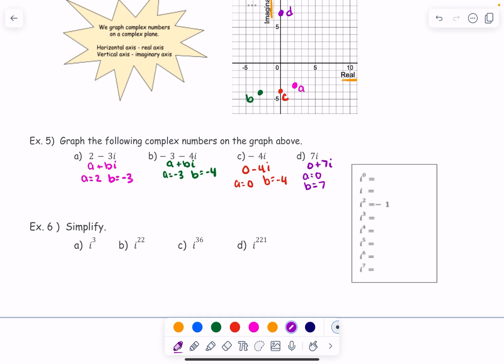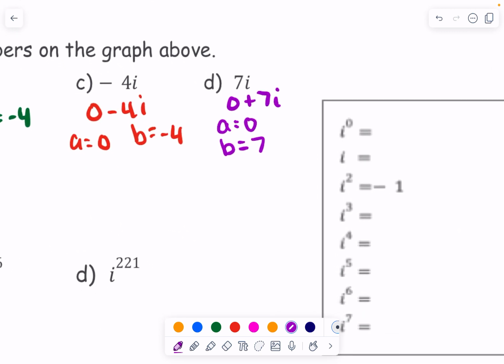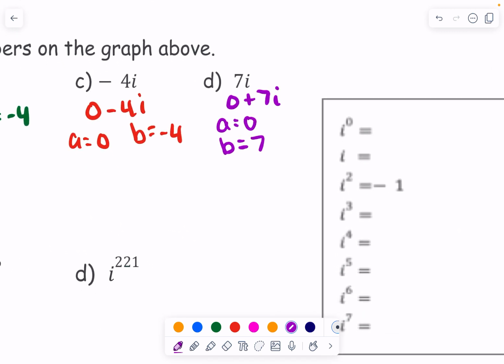Okay, now we're going to talk about simplifying these. So when we look at this, wow, this is poorly done, but it's okay. i to the 0 power. Well, anything to the 0 power is going to give you 1. We already know that i squared is going to give us negative 1 because that's how it's defined. And i is just going to be i. We're not really changing that.